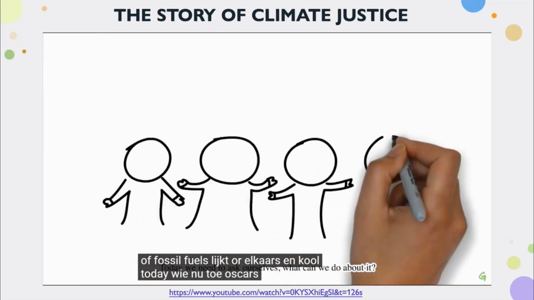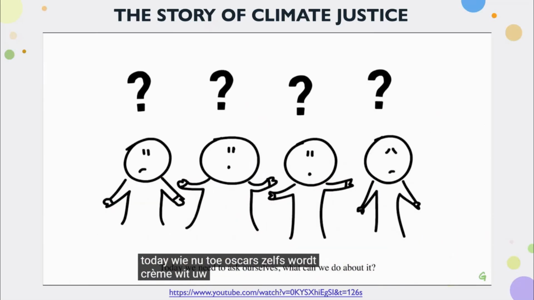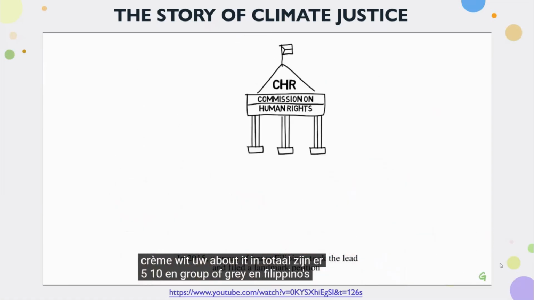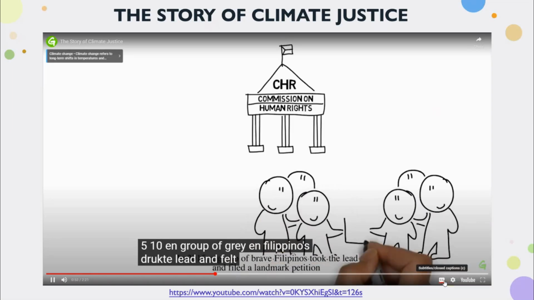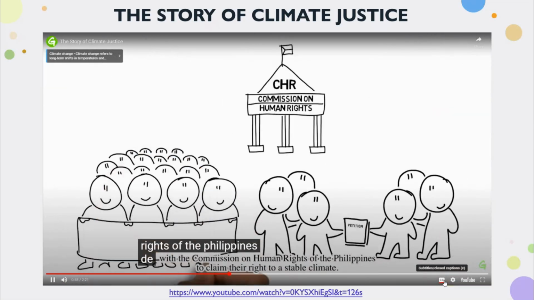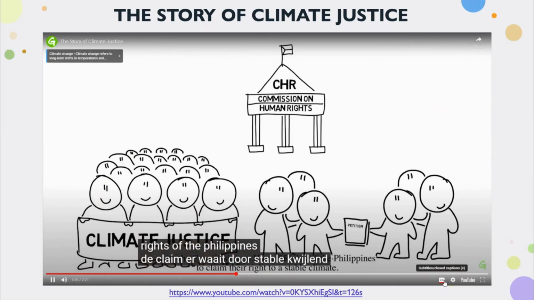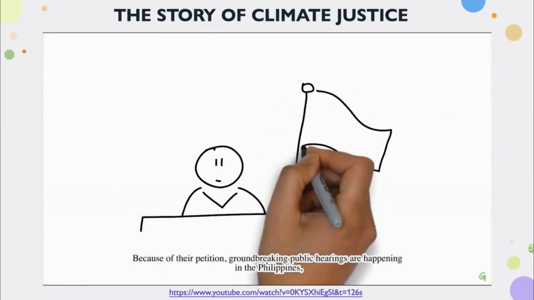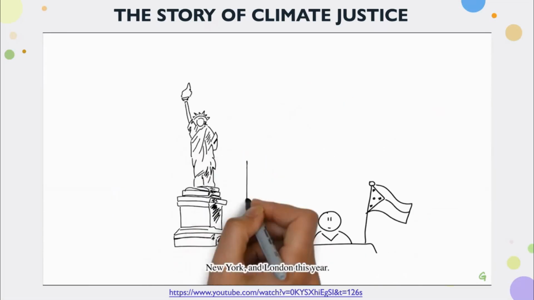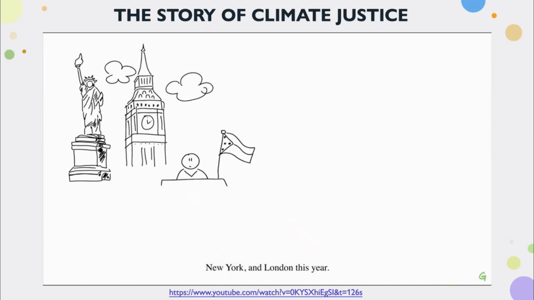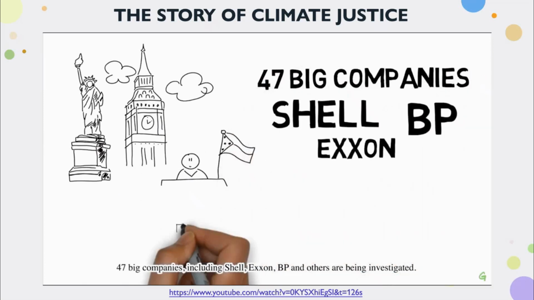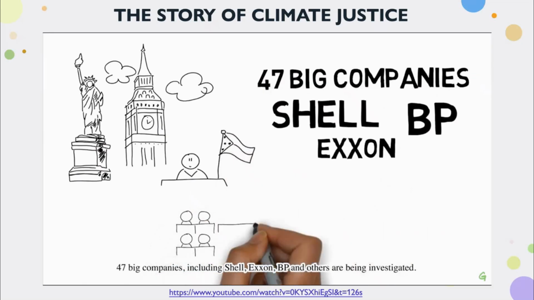Today, we need to ask ourselves, what can we do about it? In 2015, a group of brave Filipinos took the lead and filed a landmark petition with the Commission on Human Rights of the Philippines to claim their right to a stable climate. Because of their petition, groundbreaking public hearings are happening in the Philippines, New York, and London this year. 47 big companies, including Shell, Exxon, BP, and others, are being investigated.